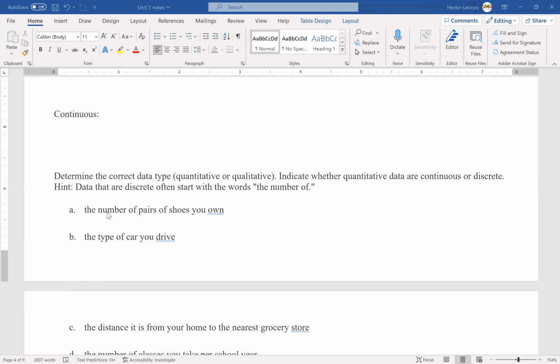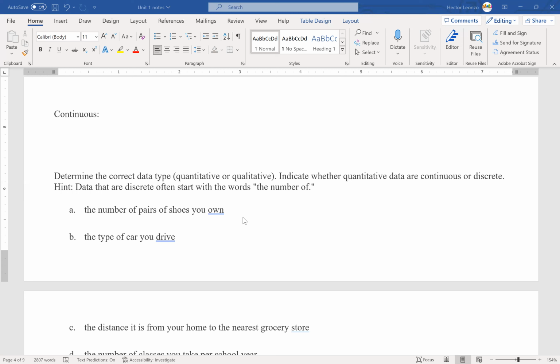Okay, a hint: data that describe often start with the words "the number of," that is discrete data. So let's take a look at a few examples. The number of pairs of shoes you own. I'm not going to think that's qualitative because I'm asking for the number of pairs. So it has to be quantitative. Now, can I own half of a shoe?